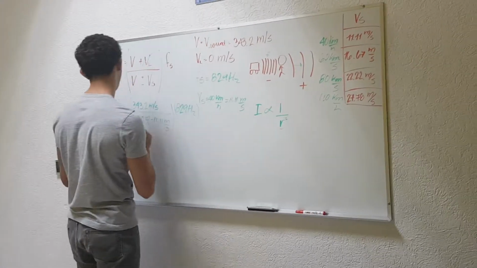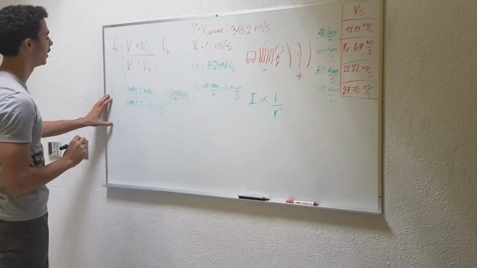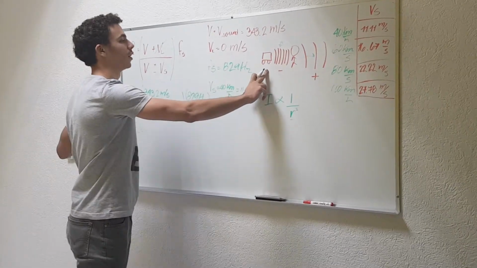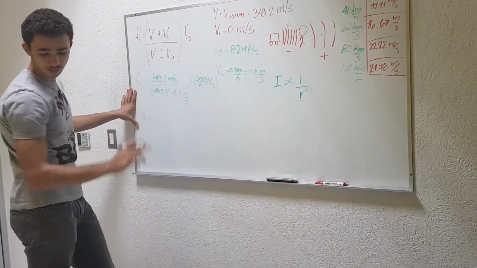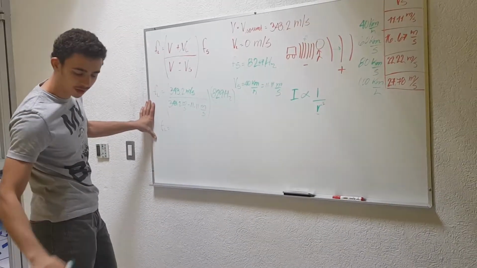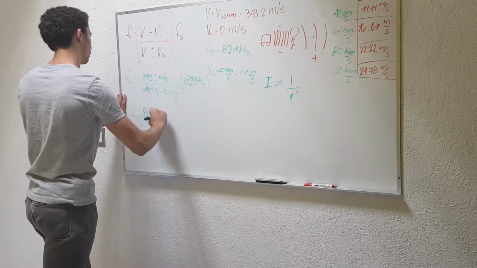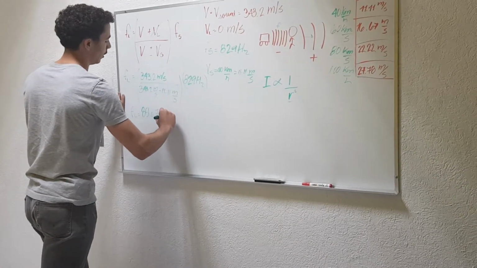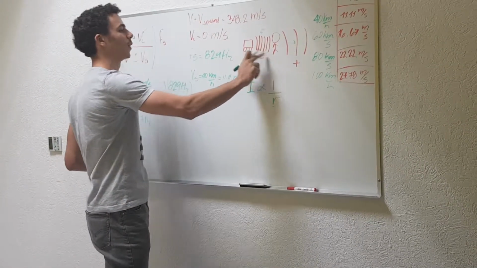We obtain that the frequency the listener got when the car was getting closer is 856.7 hertz. Remember, this is the frequency that the listener experiences when the car is coming.